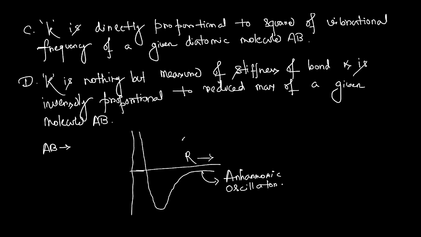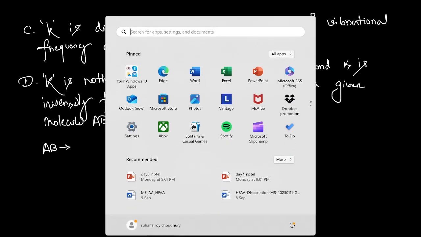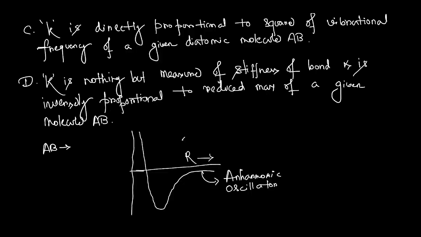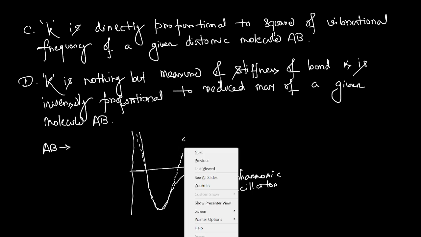In the last class I discussed that at the bottom of the potential well, the anharmonic oscillator behaves as a harmonic oscillator.